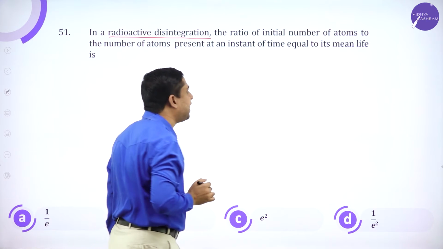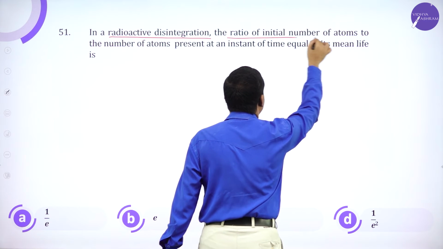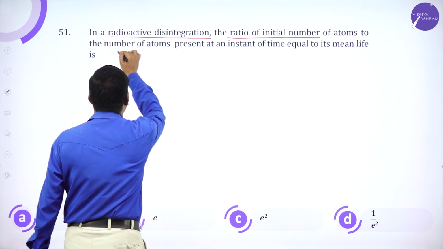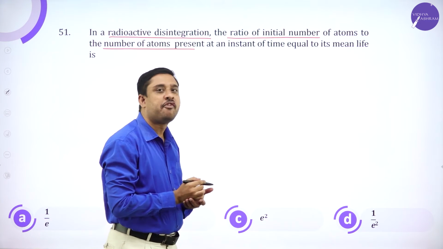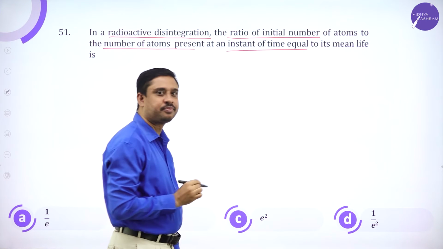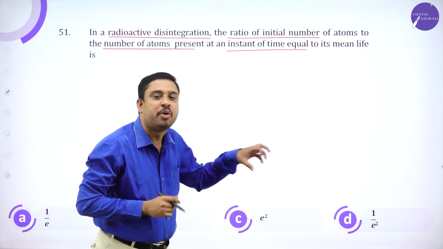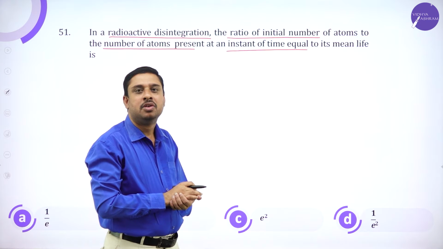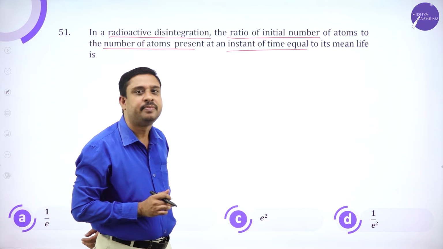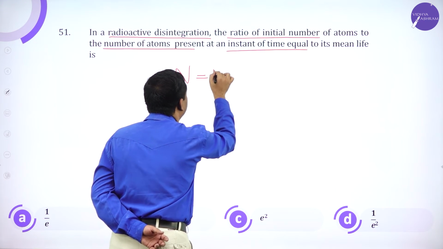In a radioactive disintegration, the ratio of initial number of atoms to the number of atoms present at a given time. I refer to the radioactive decay law.